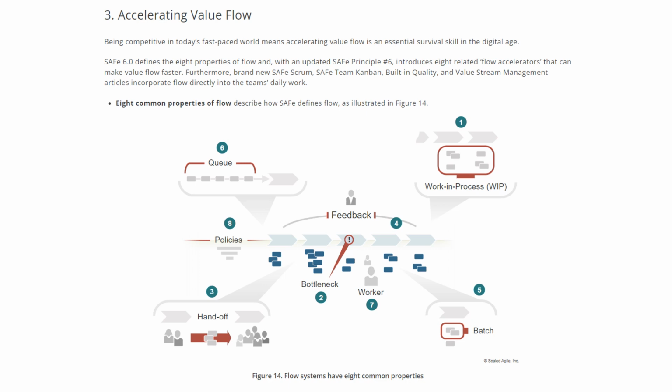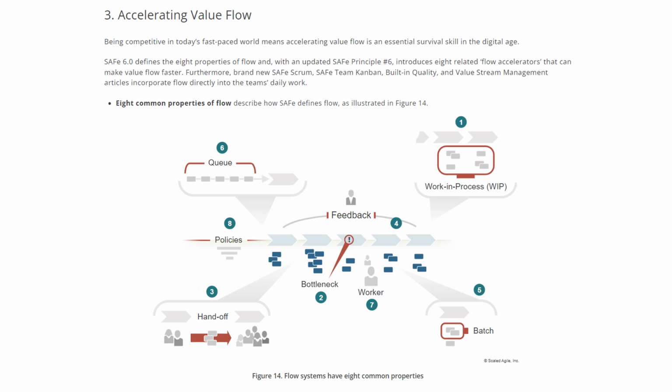Being competitive in today's fast-paced world means accelerating value flow is an essential survival skill for the digital age. SAFE 6.0 defines 8 properties of flow with an updated SAFE principle number 6, and introduces 8 related flow accelerators that can make value flow faster, right?